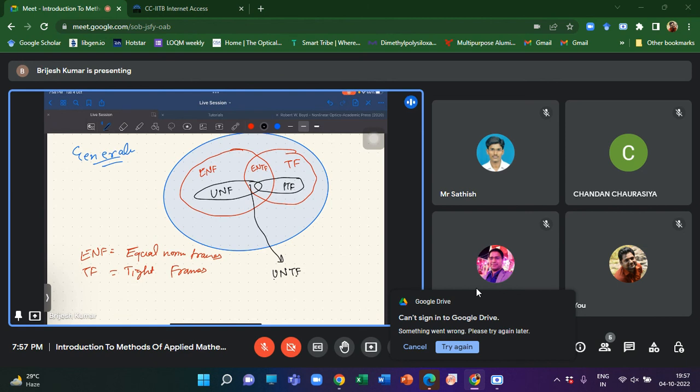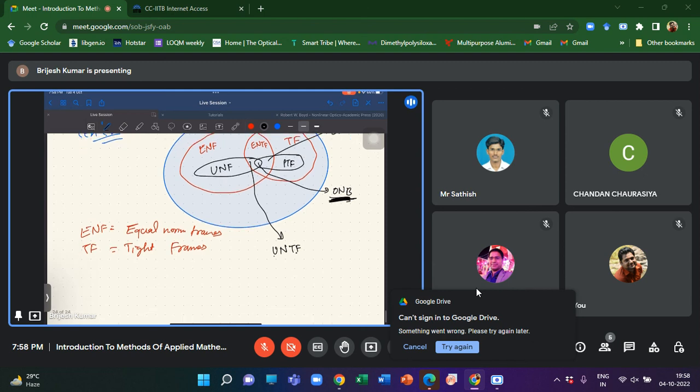Similarly, this region is ENPTF, called equal norm Parseval tight frames. And similarly, this region is ONB, which is called orthonormal basis. Okay, so maybe this picture will clear up the difference between an orthonormal basis and all other types of frames, right?